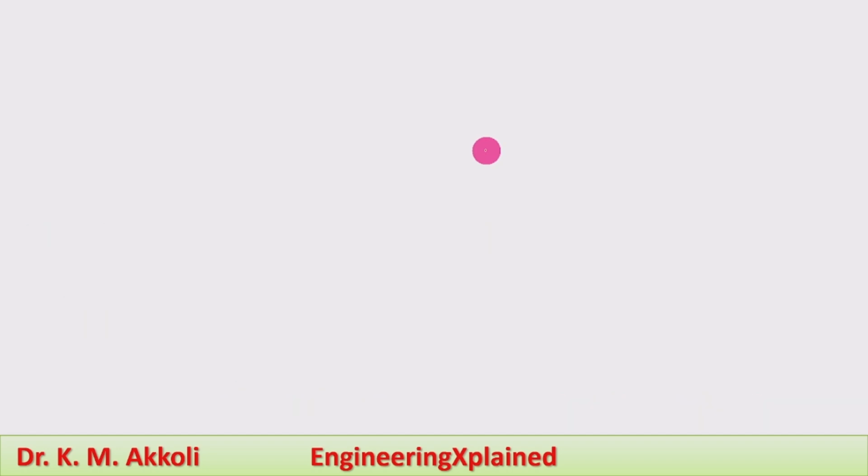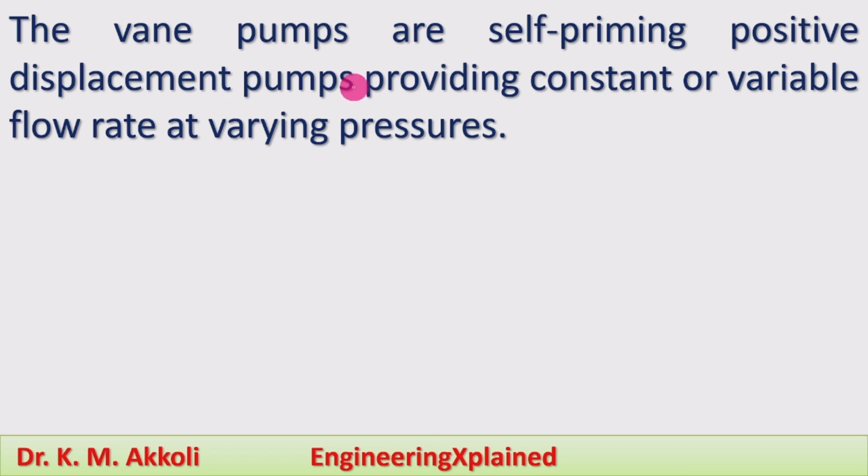First we'll take the definition of the vane pump. Vane pumps are self-priming positive displacement pumps providing constant or variable flow rate at varying pressures. As we know, gear pumps provide a constant flow rate only. Those are called constant displacement pumps.